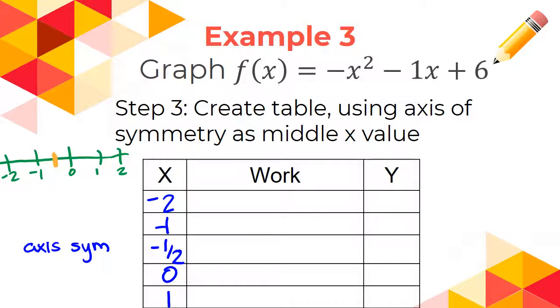So now I want to show some work. Wherever there is an x, I'm going to put parentheses. Keep all of the signs that we have with our work. I like to be sort of systematic, so I'm going to write down my template or my function each time, and then I'm going to fill it in.